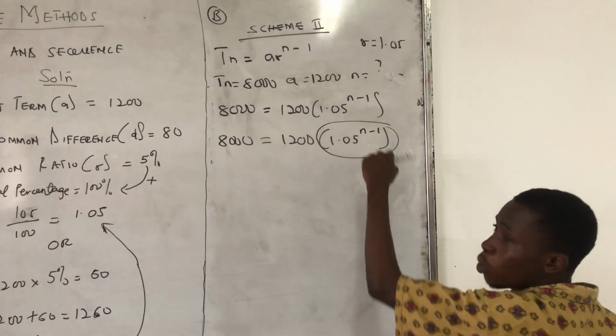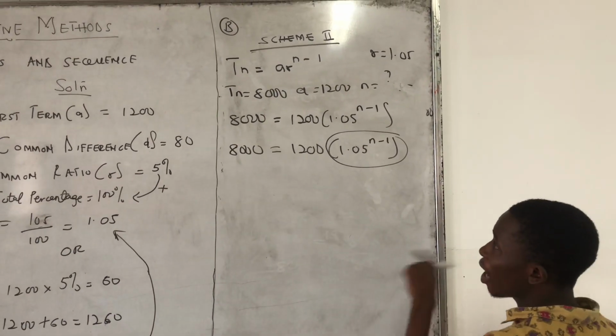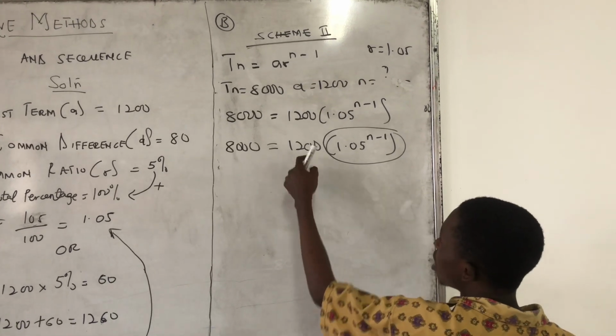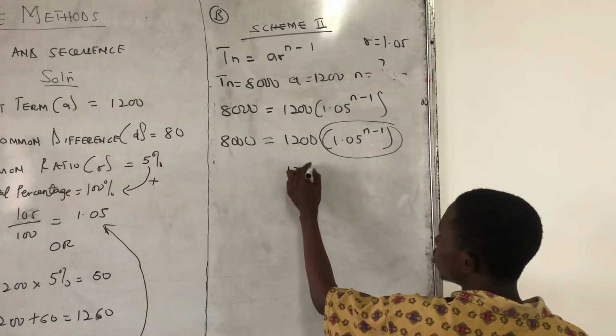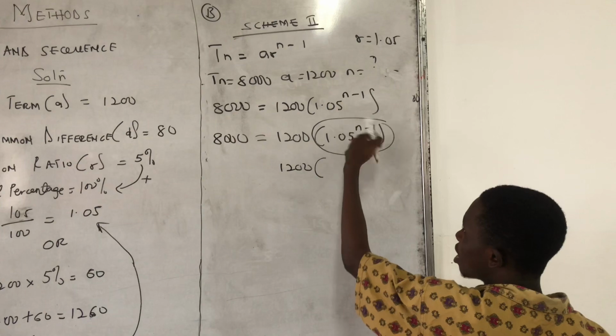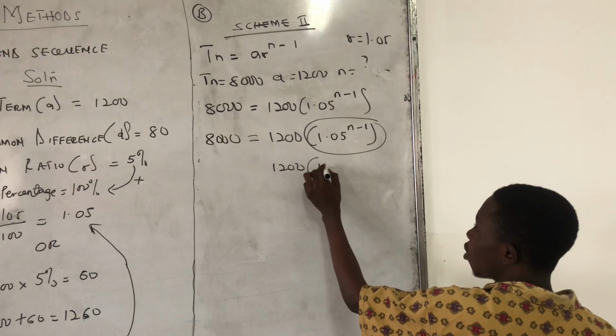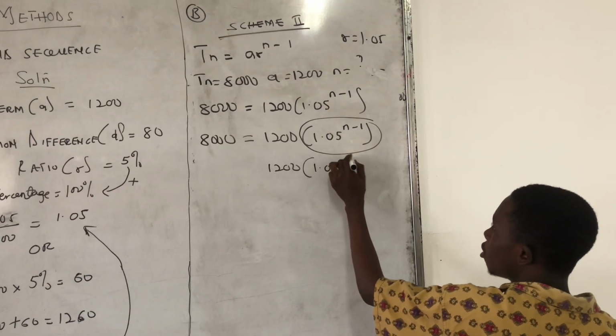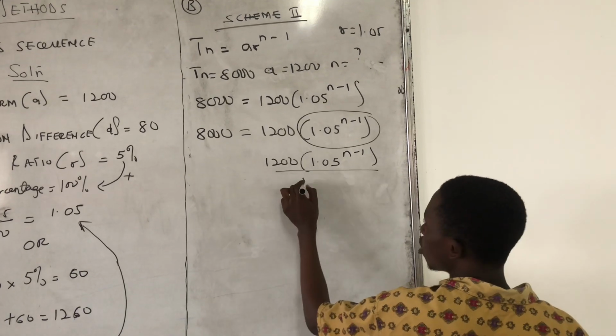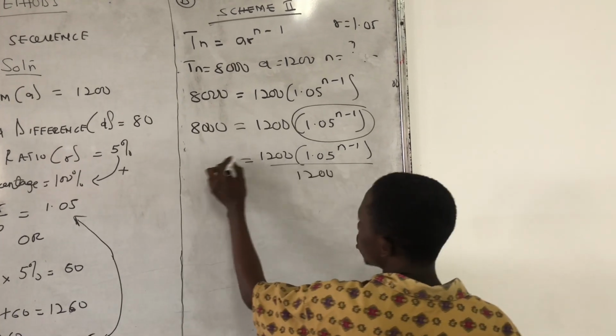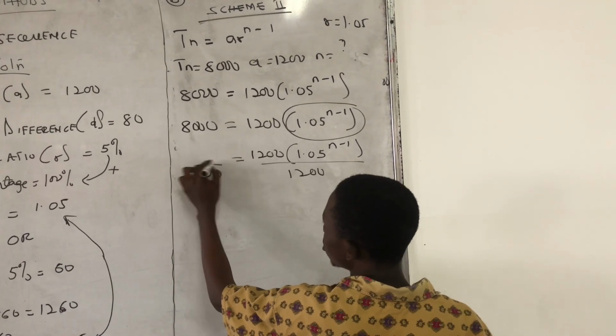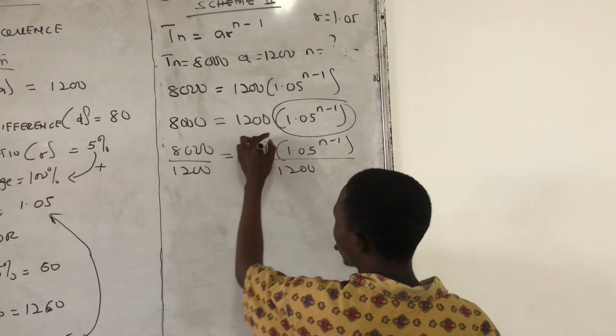So this is a whole figure, 1.05 to the power n minus 1. I would rather divide both sides by 1,200, since this is the coefficient of what's in the bracket. So 1.05 to the power n minus 1 over 1,200. This 1,200 moves out.